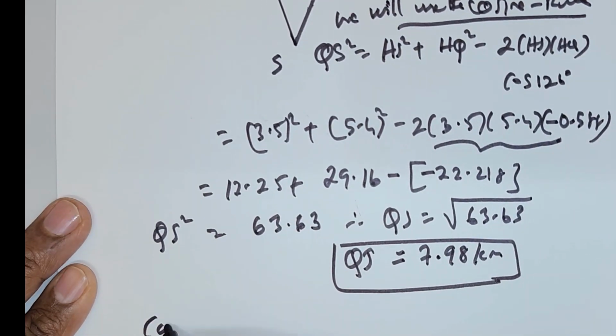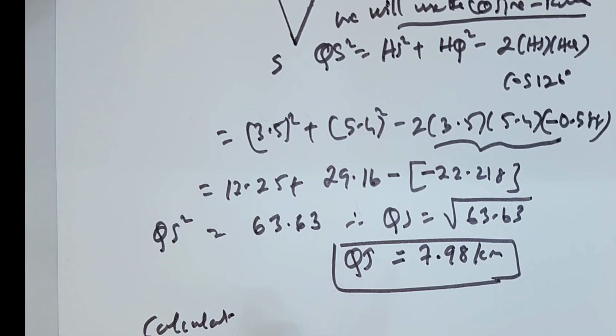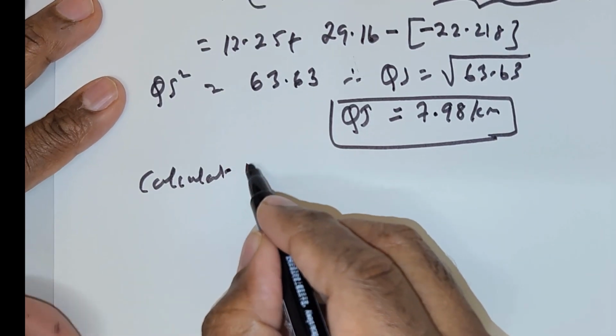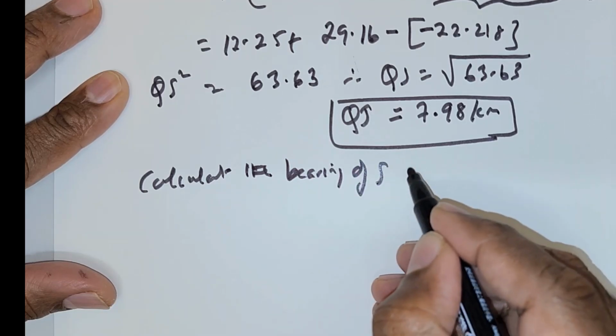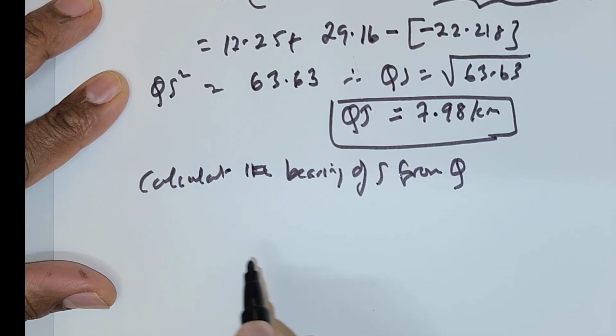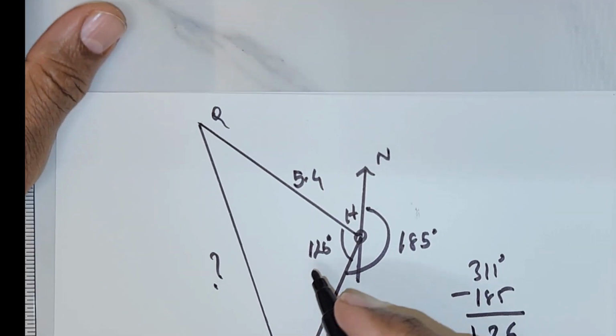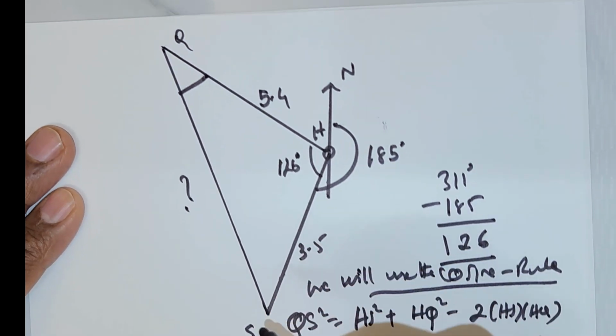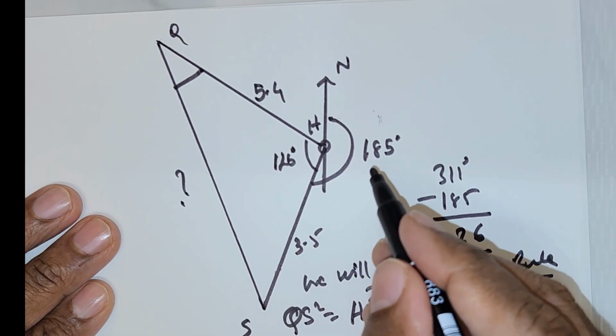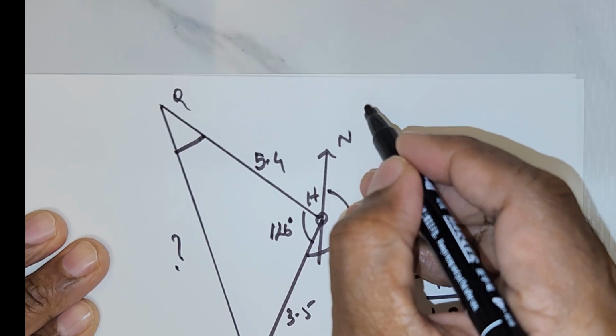Okay, next they are asking us to calculate the bearing of S from Q. So for that we need this angle. Okay, so we will use sine rule. So I'm going to state it here.